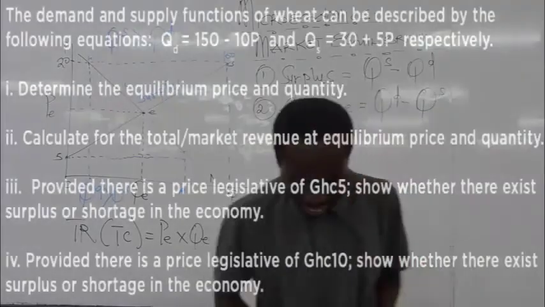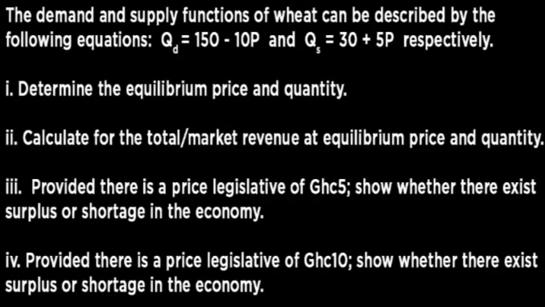The question reads: the demand and supply functions of wheat can be described by the following equations. QD, which is quantity demand, equal to 150 minus 10p, which is the demand function, and QS, which is the supply function, equal to 30 plus 5p respectively.